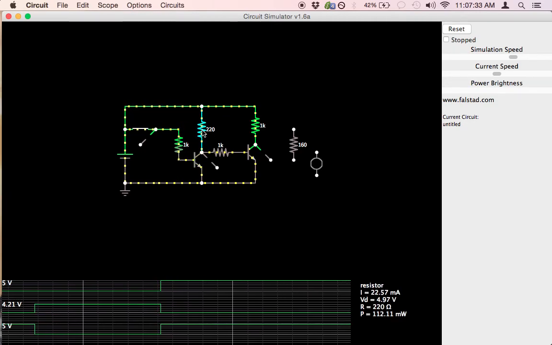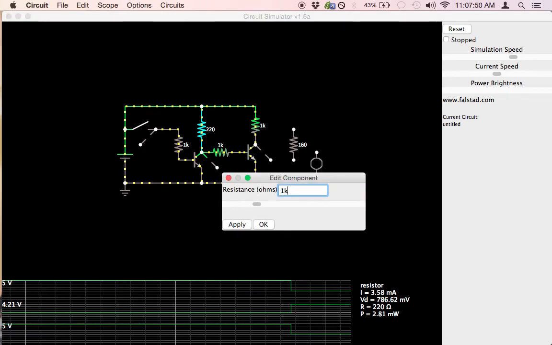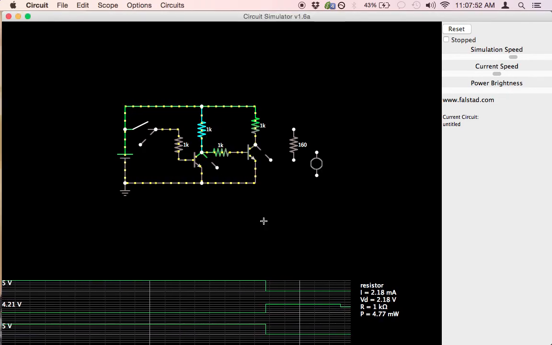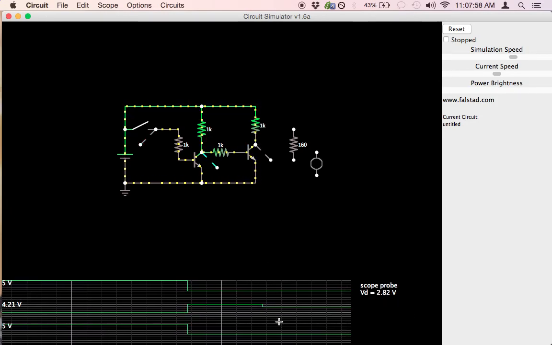Why did I use a 220 ohm resistor here and a 1 kilo ohm resistor here? Well, I did that so that we will have a high voltage at this point. Let's put a 1K resistor there to demonstrate. The circuit will still work with a 1K resistor. This transistor is still on, which means we have a logic low output, a logic low input.